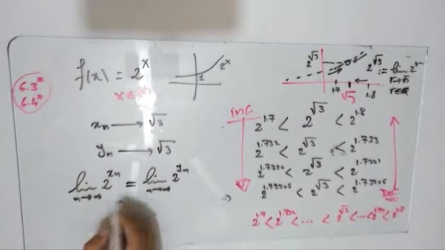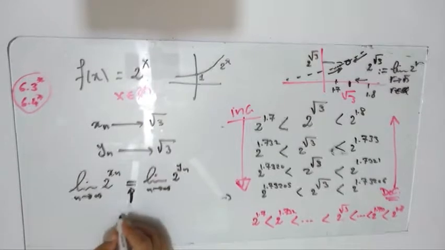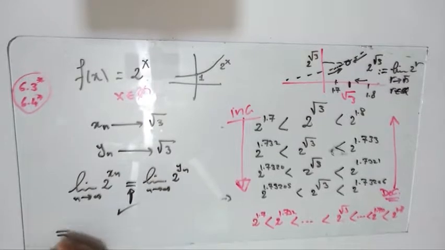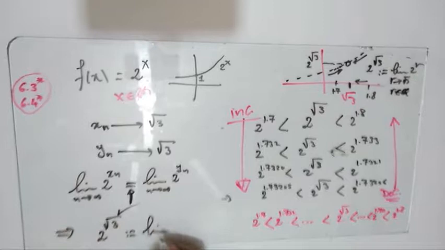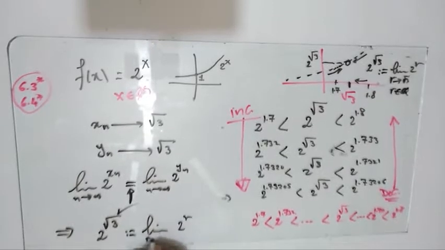We can prove this theorem. So it's easy to use any sequence, and we define 2 to the power square root of 3 as the limit of 2 to the power r as r goes to square root of 3, where r should be rational numbers. Okay, and in this way we define it.